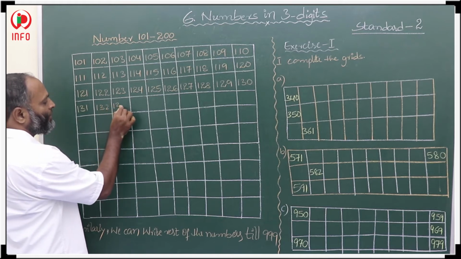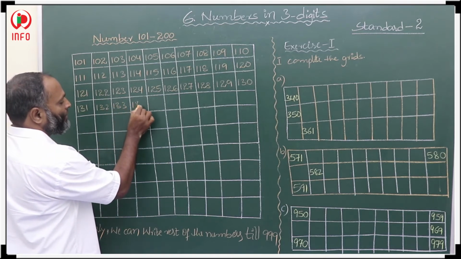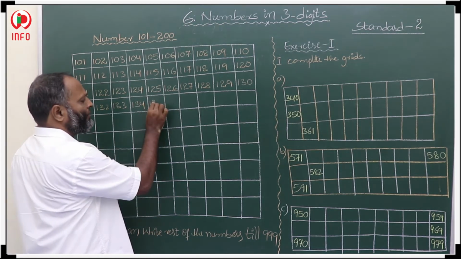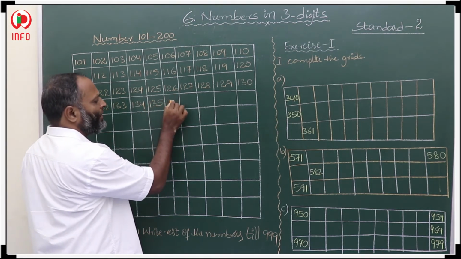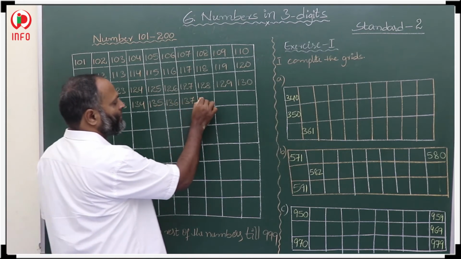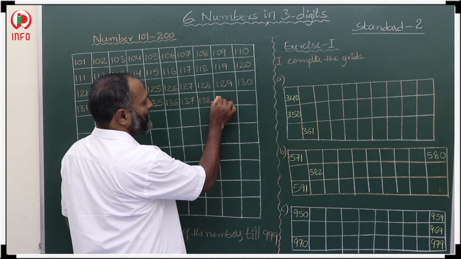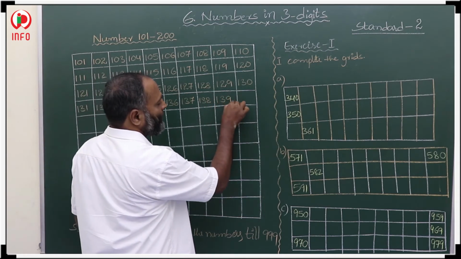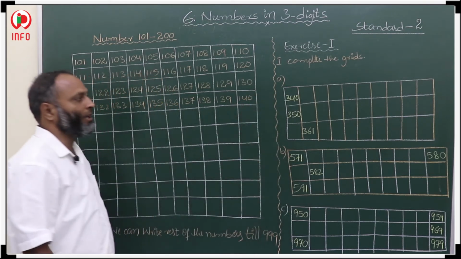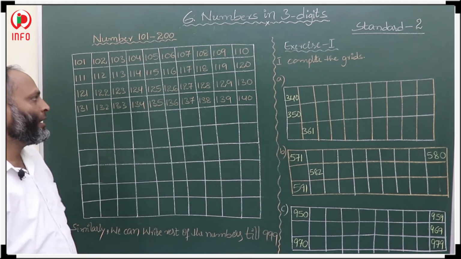132, 133, 134, 135, 136, 137, 138, 139. After 39, 40, so 140.